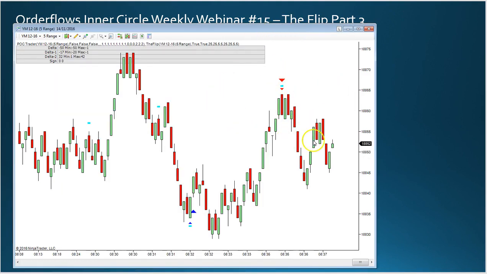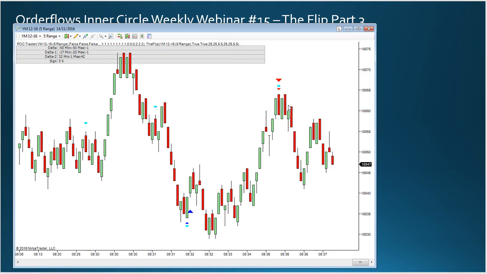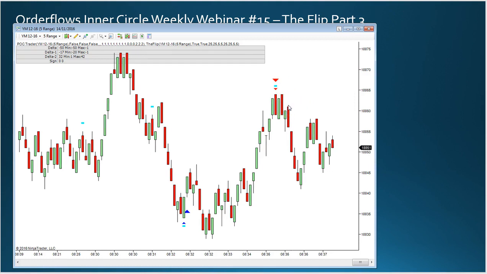But one of the things I wanted to show you is this. When you get point of control in a bar right around where you get the flip, it's quite strong. I'll say it's confirmation or confluence, you're getting the signs in the market.